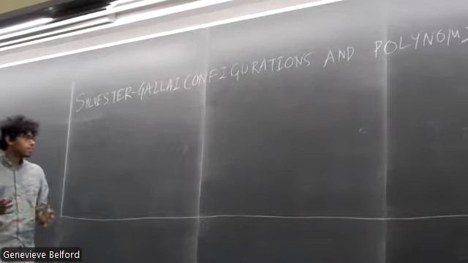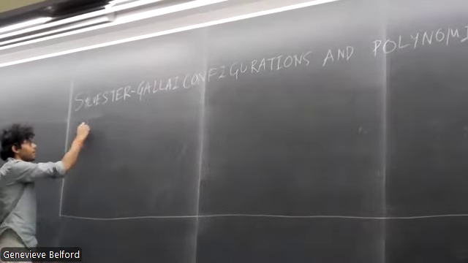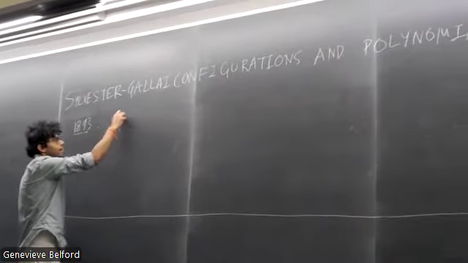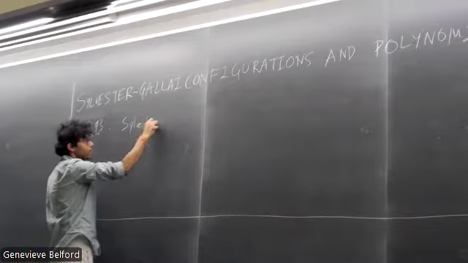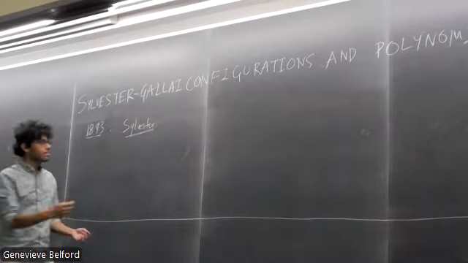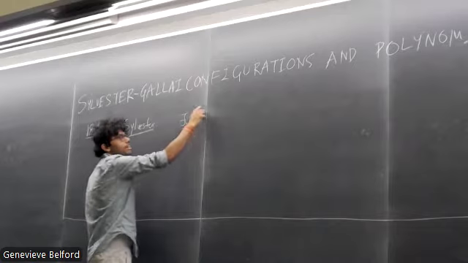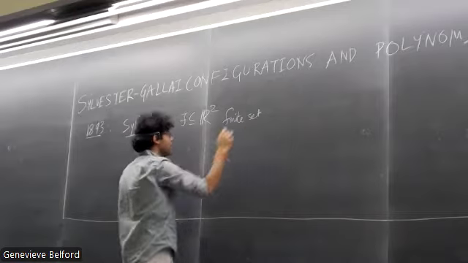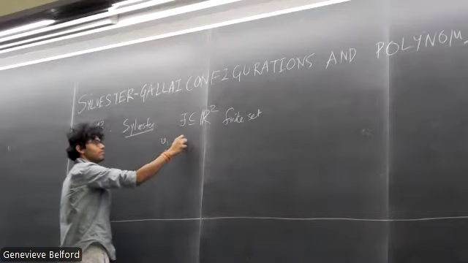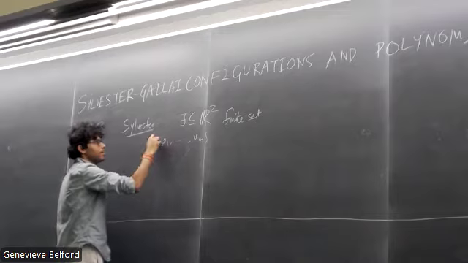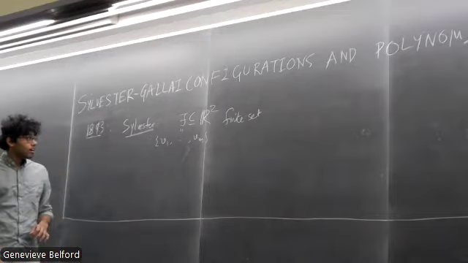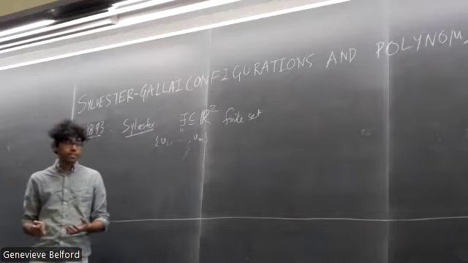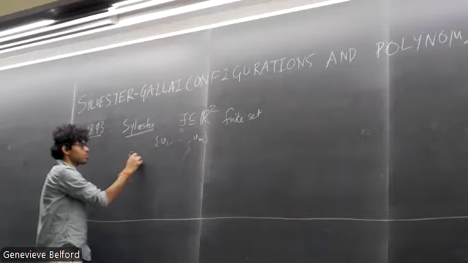So I want to start with the classical question, which goes back a long way to 1893, when Sylvester asked this question. Let's say inside of R2, I have a finite set of points, V1 up to Vm.